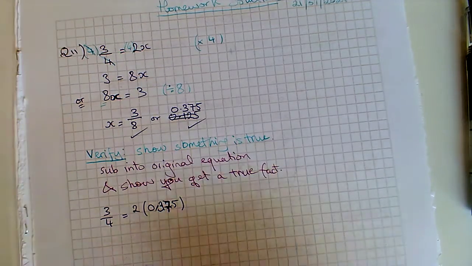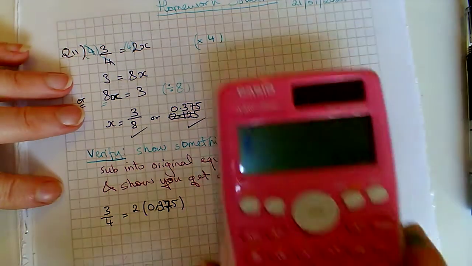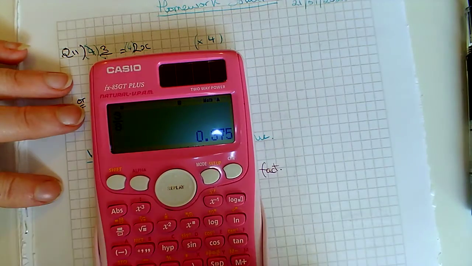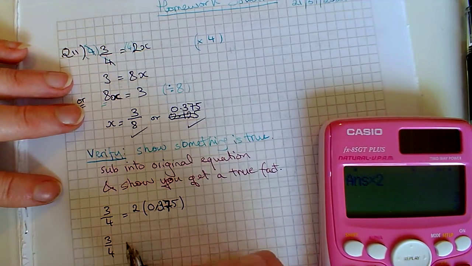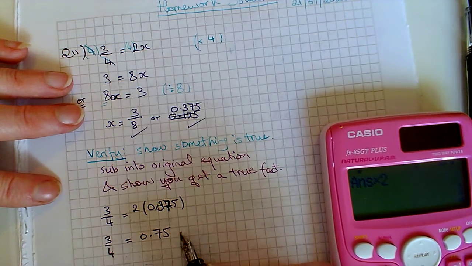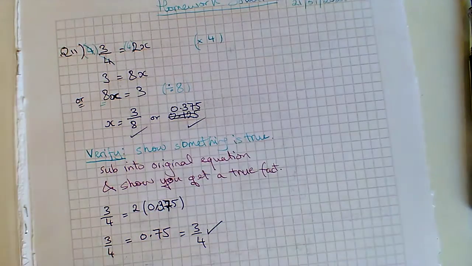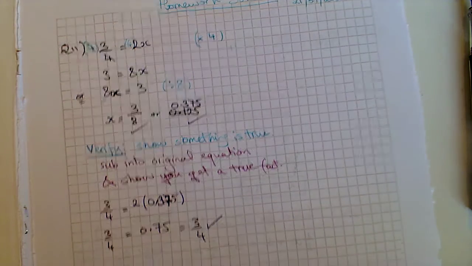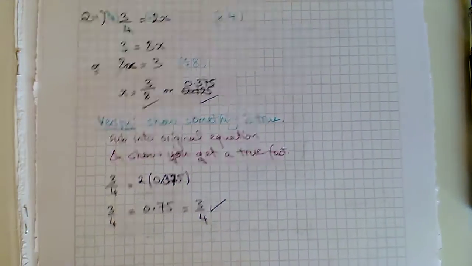What I wrote down there was 1/8. So 3/4 is equal to 2 times 0.375. Well, if we use our calculator, we can multiply it by 2 and we get 0.75, which is 3/4. So that's a true statement and I have verified. I'm happy with my answer. Okay, let's move on to question 12 then.